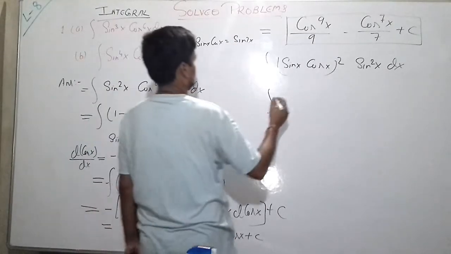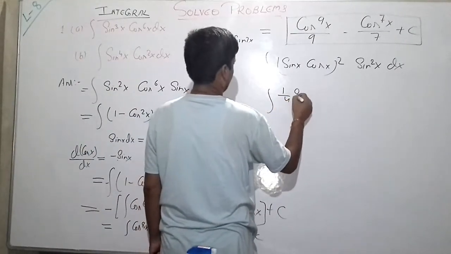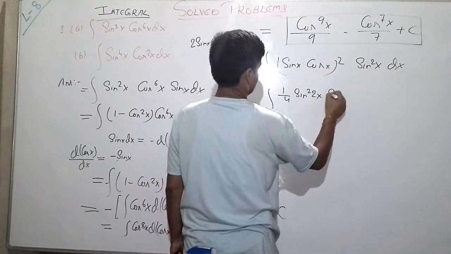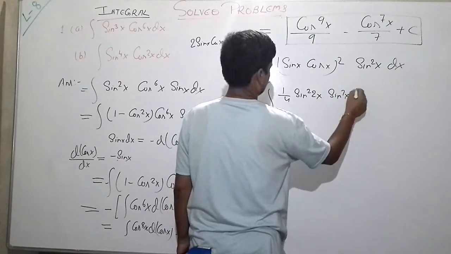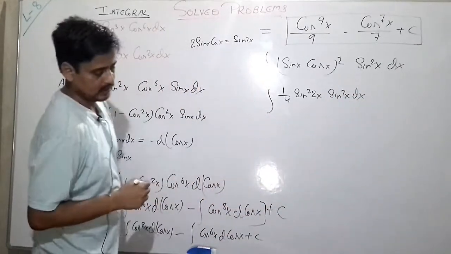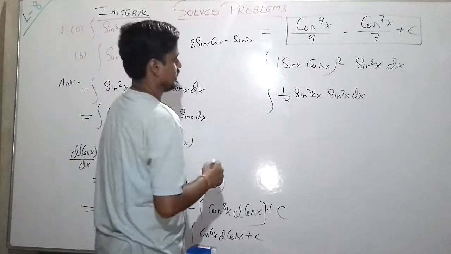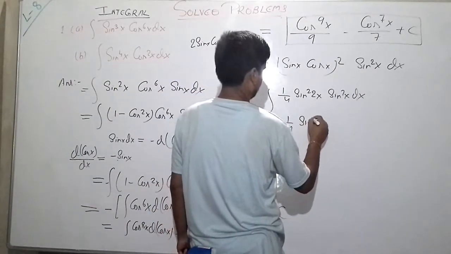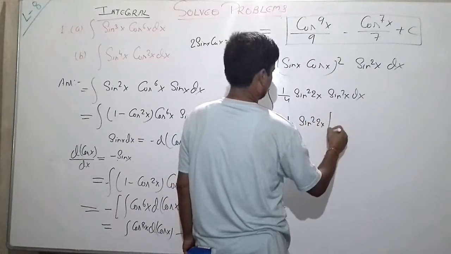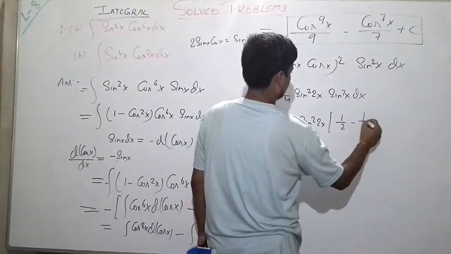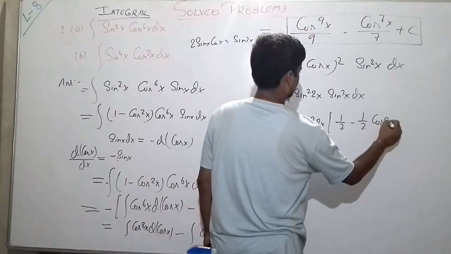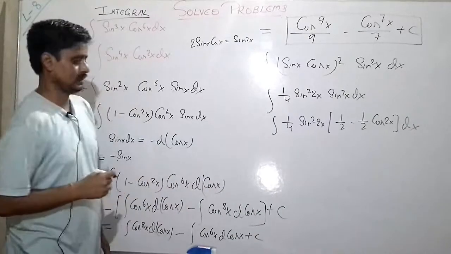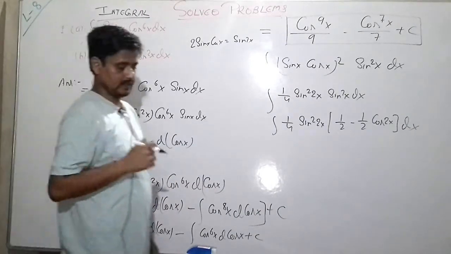It means 1 by 4 sin square 2x sin square x dx. Now we can write sin square x as half minus half cos 2x dx. This is how we can write.